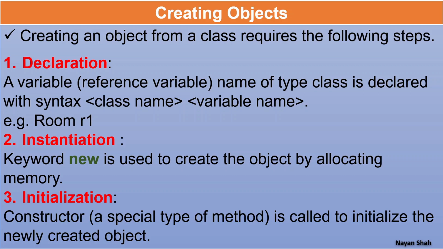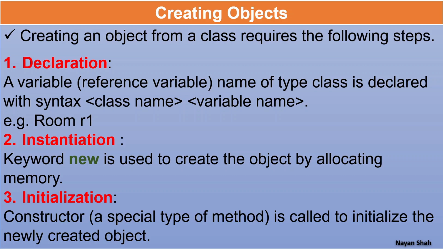Second step, instantiation. Instantiation is the step where we use the keyword new to create an object by allocating memory. So the actual object is created when we use the new keyword for instantiation. That is instantiation, where we write R1 is equal to new room. And the third is initialization.